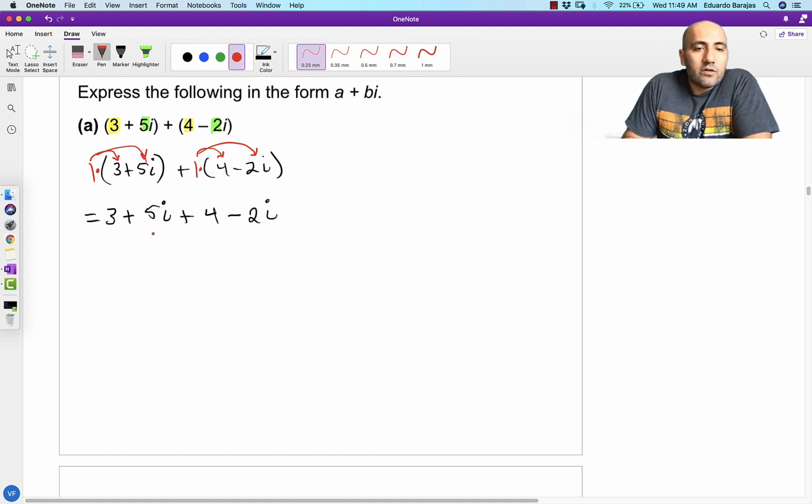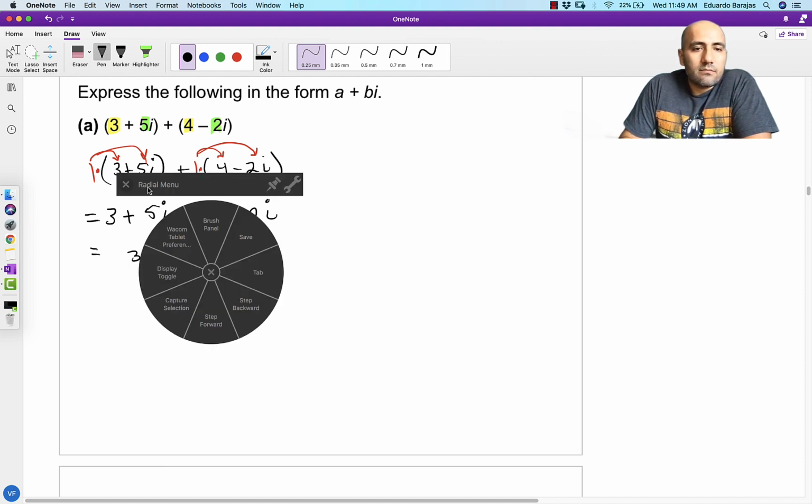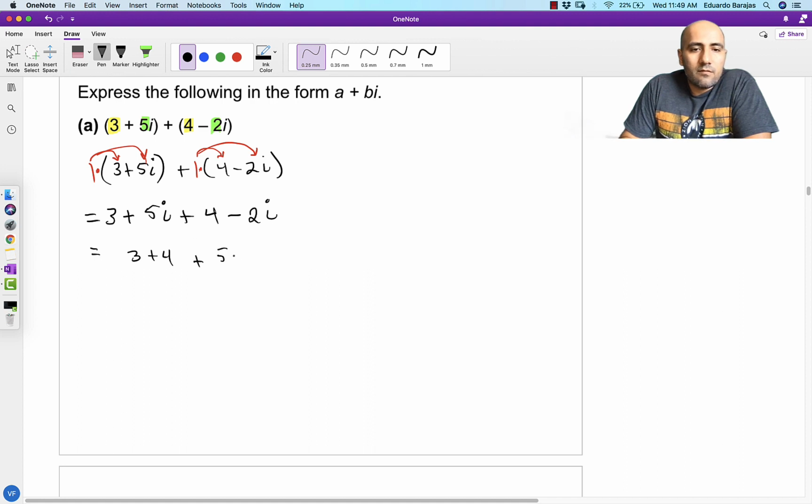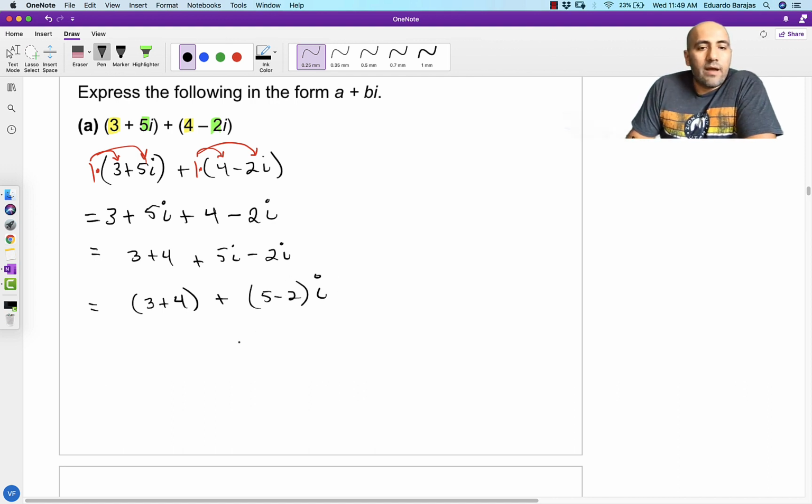Okay, combining like terms, we can add the 3 and the 4, combine them. It'll be the 3 plus the 4 plus 5i minus 2i. Then, just to put it in that form, I'm going to do this: 3 plus 4 plus, and then 5 minus 2i. And now I have the form I want, right?